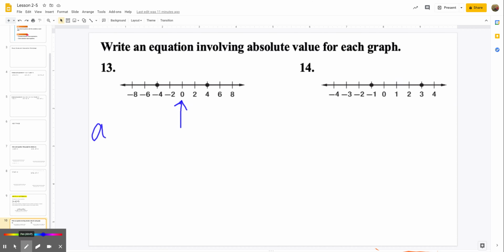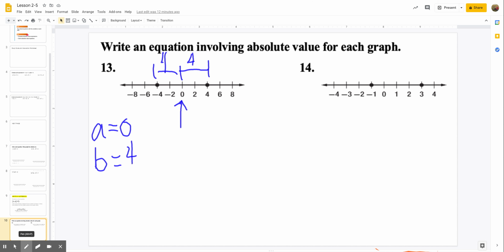We'll write a equals 0. And then I also want to know my b. I want to know how much I've traveled to get to here, and how much I've traveled to get here. Be careful because our tick marks do not count as 1 here. They count from 0 to 4. So that's a distance of 4, and that's a distance of 4. So b equals 4. We're going to use our format of x minus a equals b.